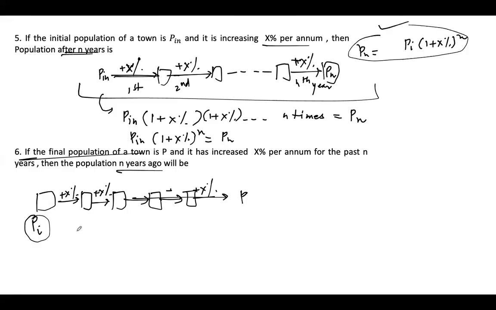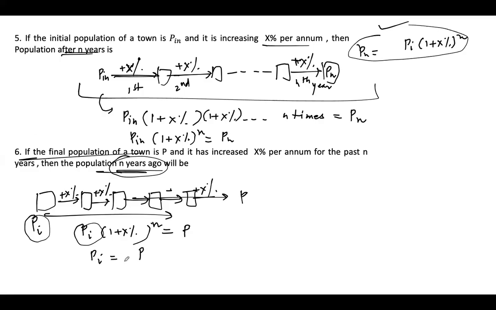We can reverse calculate and divide the population now by 1 plus X% to the power n. Correct. So I'm writing first directly from left to right: initial population into 1 plus X percent to the power n is equal to P. Now you want the population n years ago, so the initial population will be P divided by 1 plus X percent to the power n. Got it? Yes.